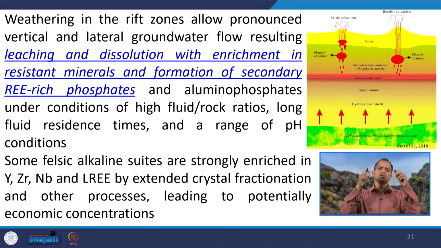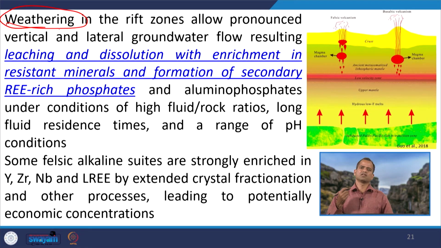So, that allows water to percolate down and gives a deep weathered zone. In the deep weathering zone, there will be some mobile elements and some immobile elements. Those that are mobile will be released and immobile elements will remain in the weathered zone, and finally it will give rise to a thick mineral deposit.